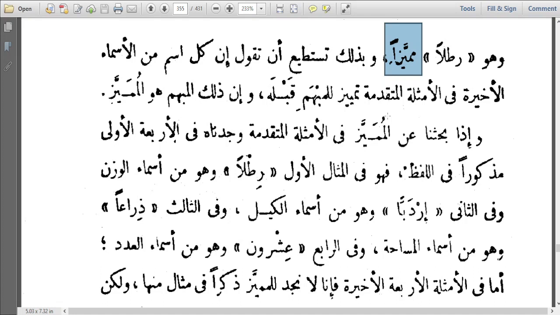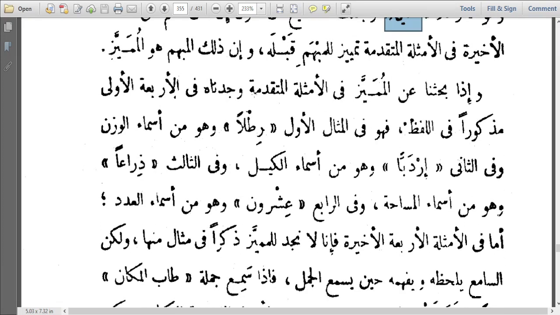If you search for the mumayyiz, you find it in the first 4 examples, mentioned. فهو في المثال الأول رطلا, in the first example the mumayyiz is the ritl, وهو من أسماء الوزن, and it is part of the nouns of weight. وفي الثاني إردبا, in the second sentence the mumayyiz is irdabba, وهو من أسماء الكيل, part of the nouns of measurement.